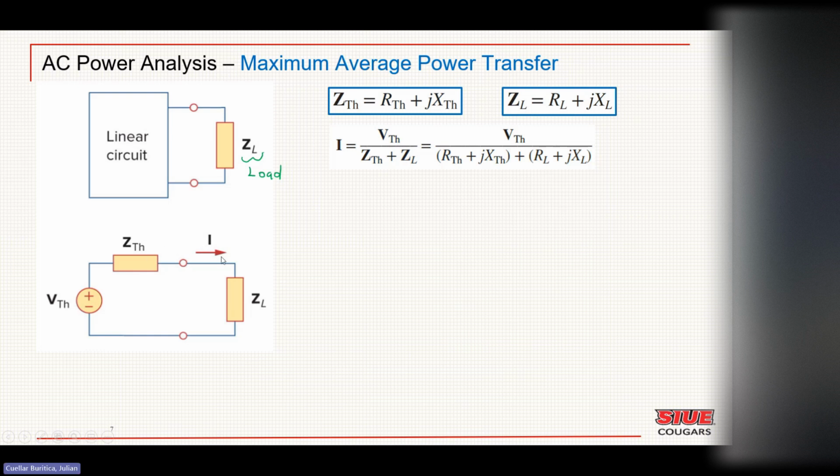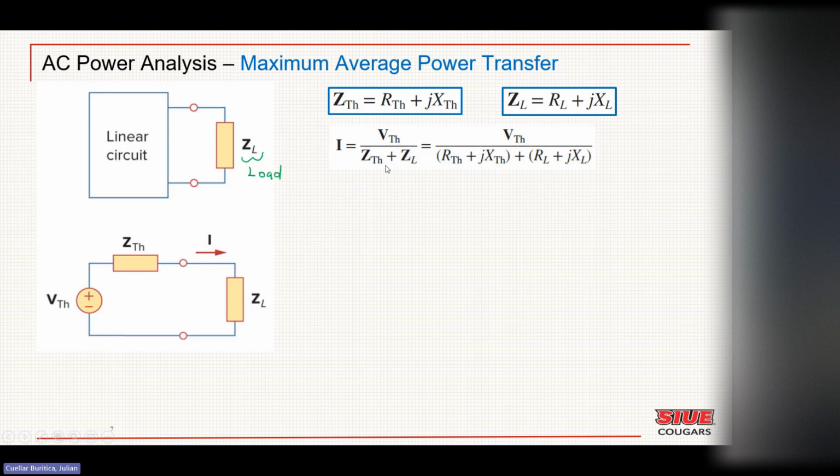That circuit is going to provide a current to that load, and all the elements are going to be in series. Then we can compute that current as V Thevenin over the addition of those two impedances.